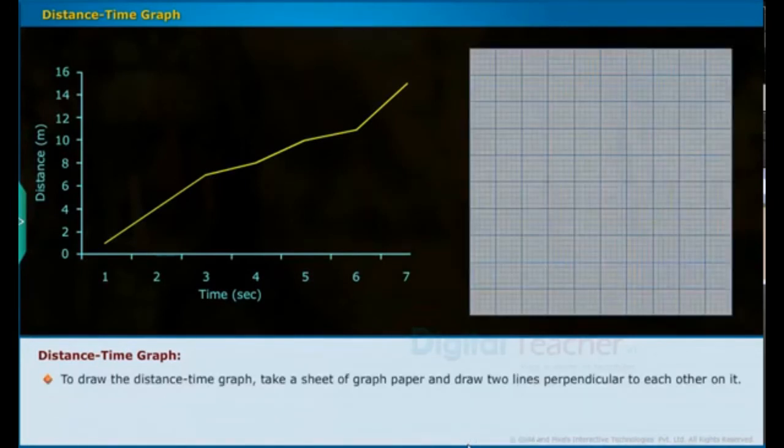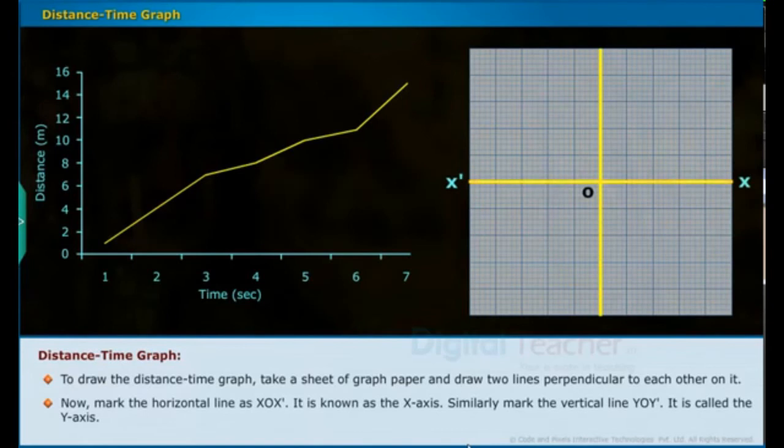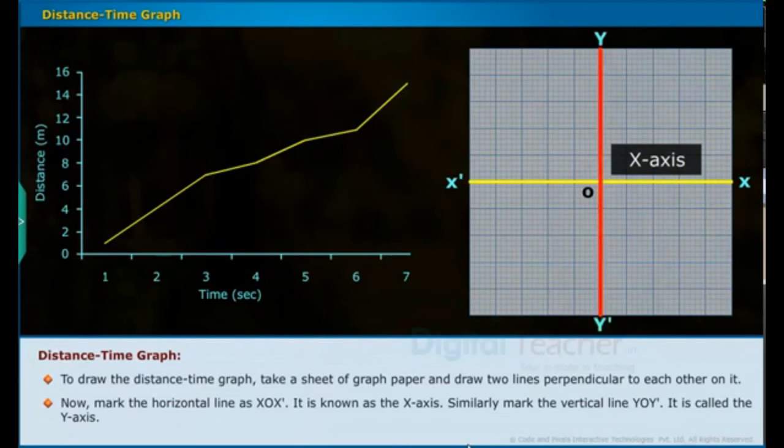To draw the distance time graph, take a sheet of graph paper and draw two lines perpendicular to each other on it. Now, mark the horizontal line as XOX. It is known as the x-axis. Similarly, mark the vertical line YOY. It is called the y-axis.